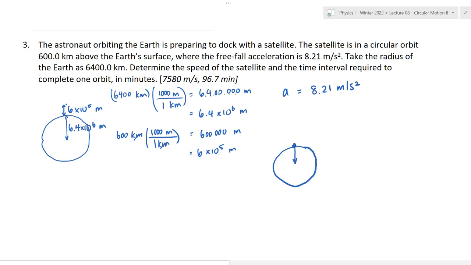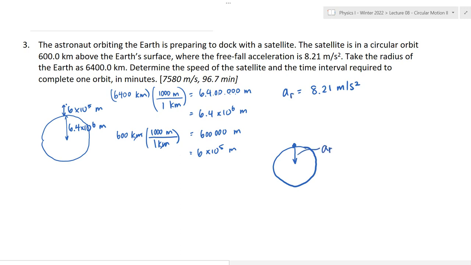It always points towards the center of the object that's pulling us towards it. So for us on the Earth, or an object near the surface, it's pulling us down, right? To us it's down, but really it's going towards the center of the Earth. And what type of acceleration points towards the center of the circular path? That would be the radial acceleration.